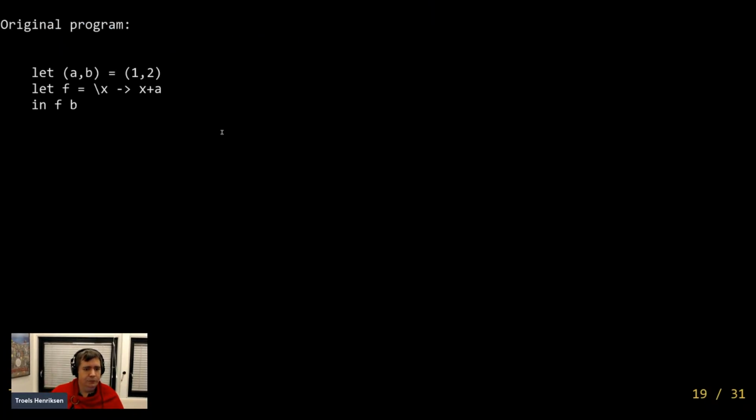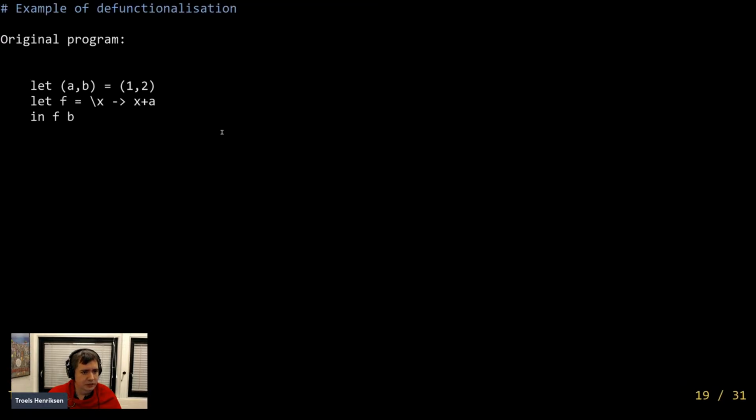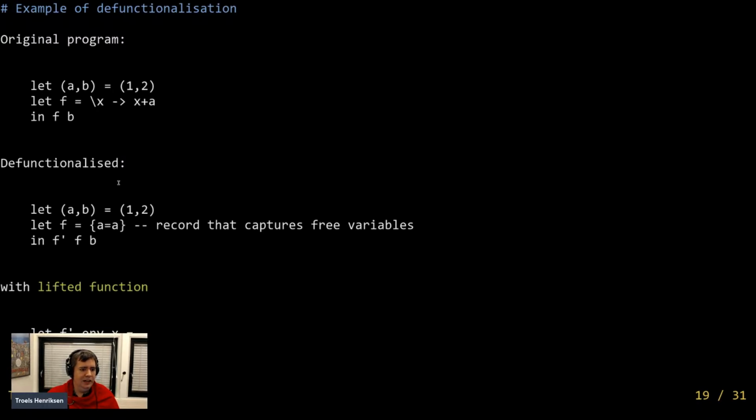This is a demonstration of defunctionalization. So we bind some numbers to some variables, then we construct a lambda that adds a to its argument x, and then we apply that lambda. Now, with defunctionalization, this lambda here turns into a record that just captures the free variables.